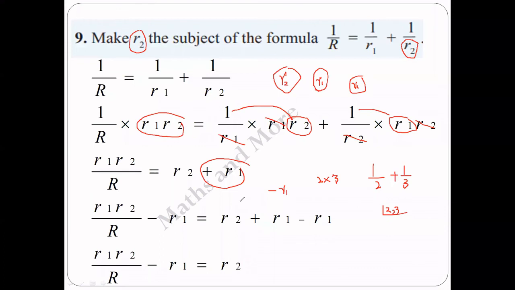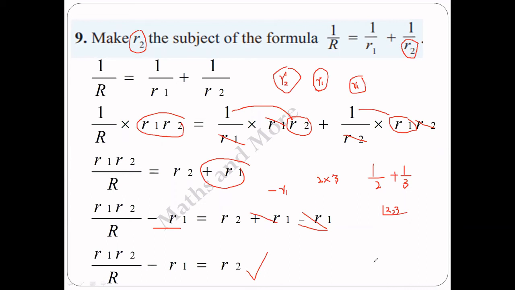Then subtract R1 from both left and right. Cut this minus R1 with plus R1. Now only R2 remains in the right hand side. This part will remain in the left hand side. Now R2 is the subject. That is one method.